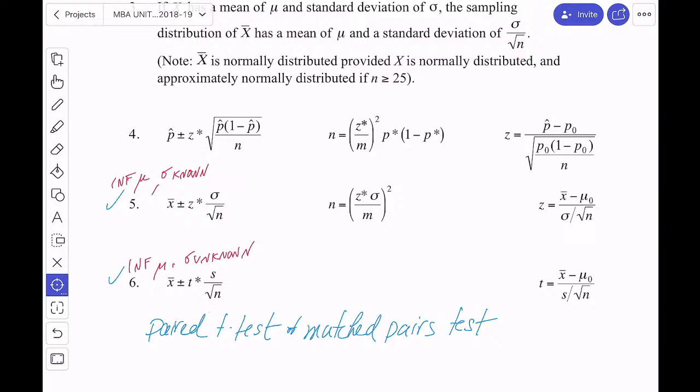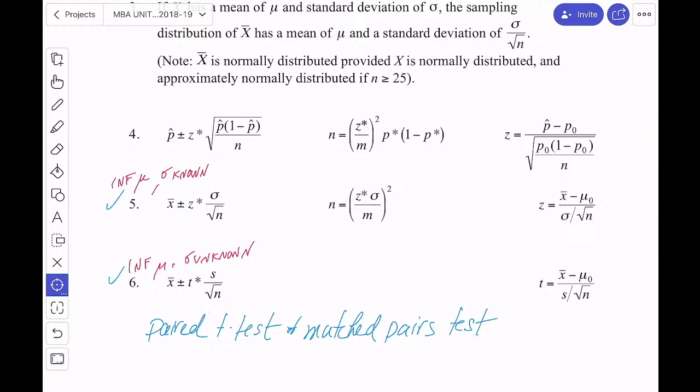So we use the same pattern for calculating the confidence interval: the point estimate plus or minus the critical value times the standard error. If you don't know sigma, the best guess at sigma is S. But that forces you to compensate for the distribution not being appropriate.